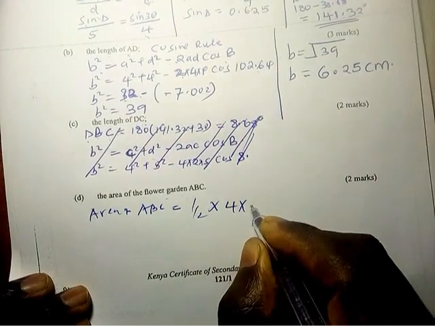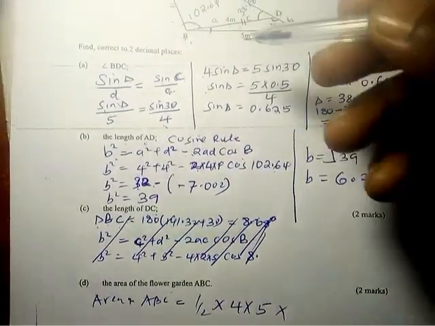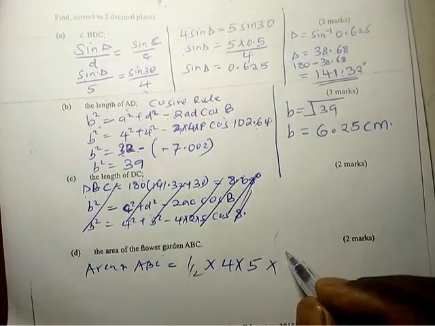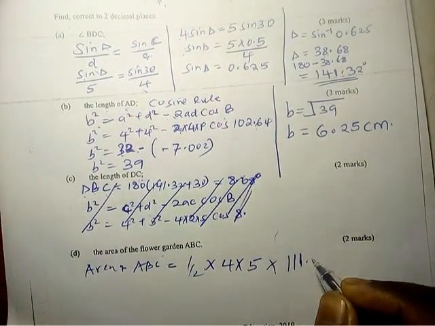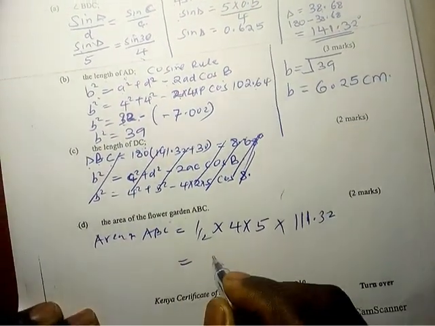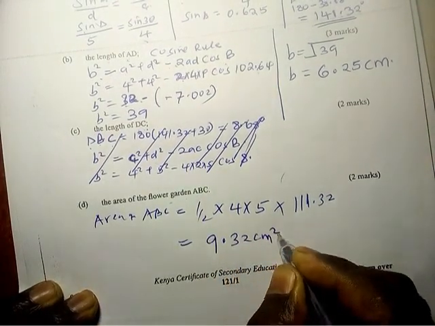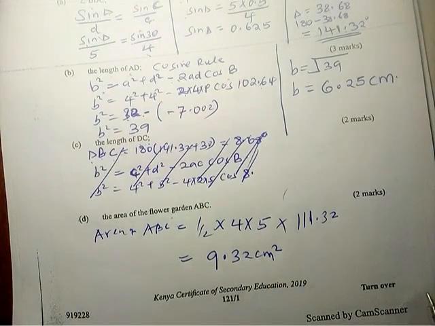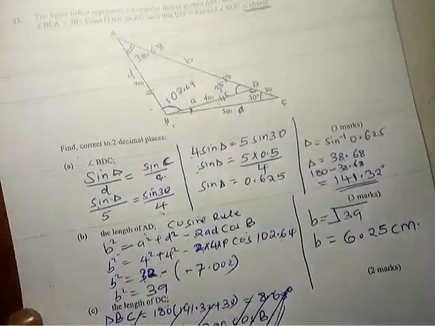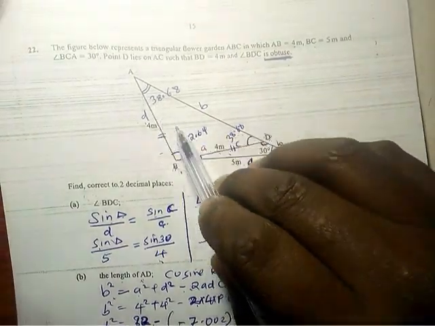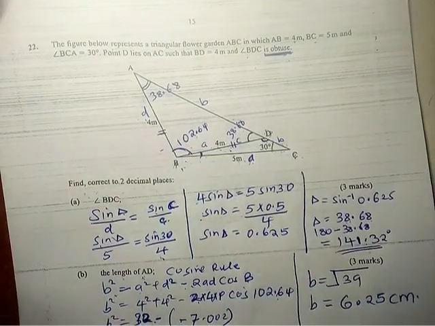Times 4 times 5 times the angle here, this is 102 plus 8, it will be 111.32. That one will give us 9.32 centimeter square. You just do it once. But still if you want to do it separately, do this triangle aside, do this aside, then you add, still it works.